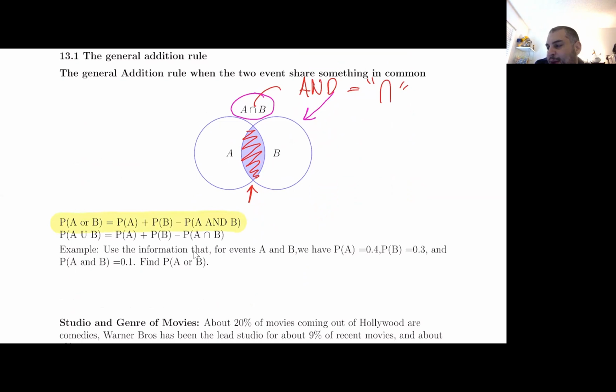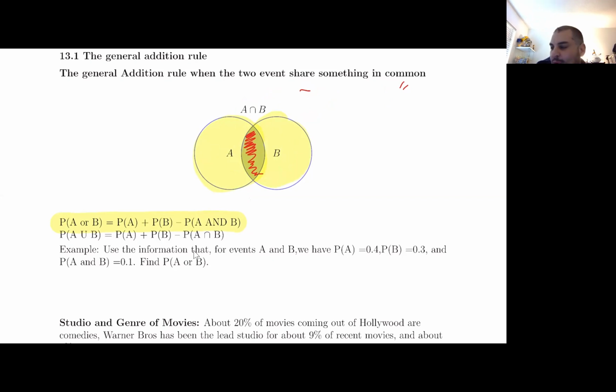The reason why we had to subtract the A and B is, think about it, when we find the probability of A, we get this portion right here. Then when we find the probability of B, we get this portion over here. But when I was getting the probability of B, I pretty much counted this twice.